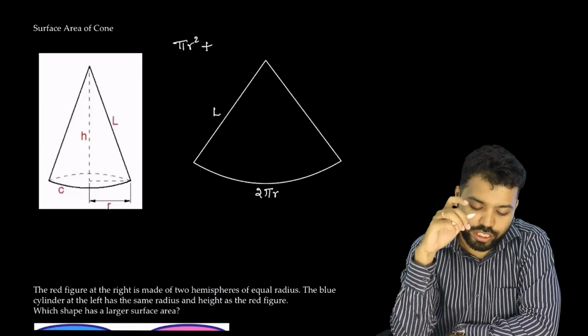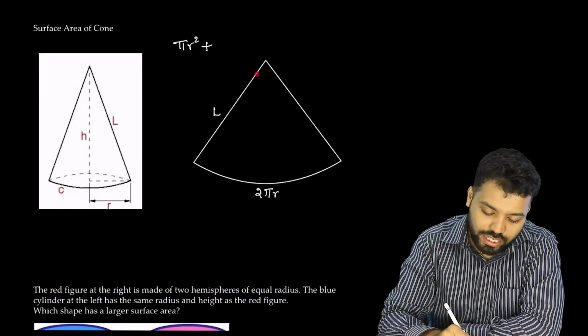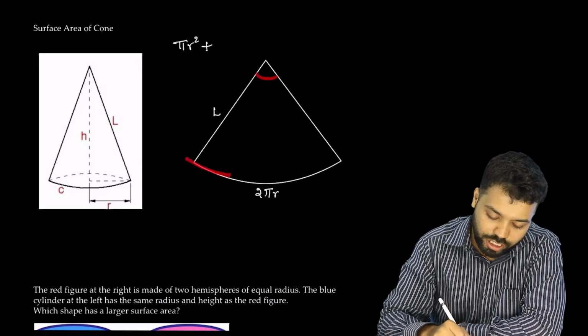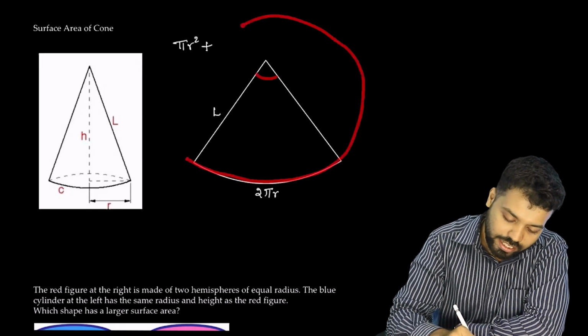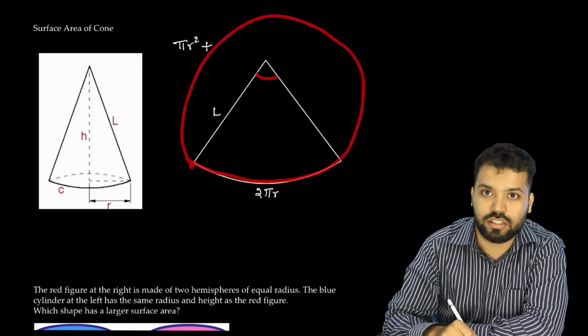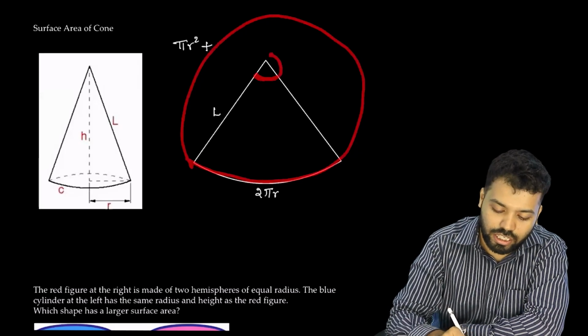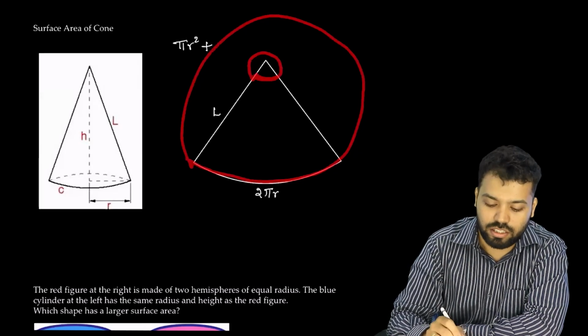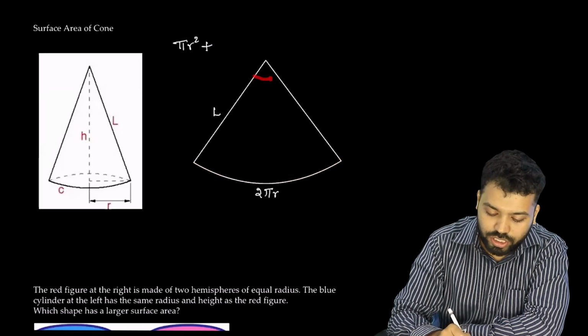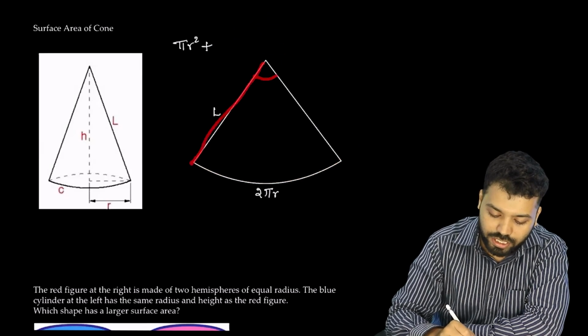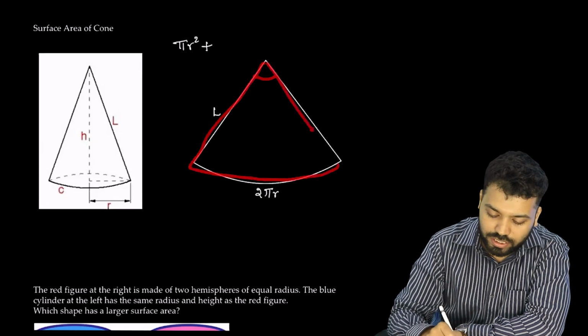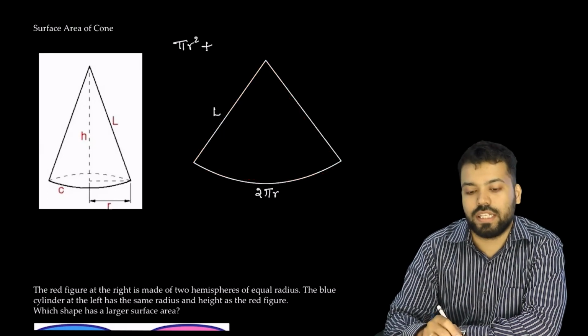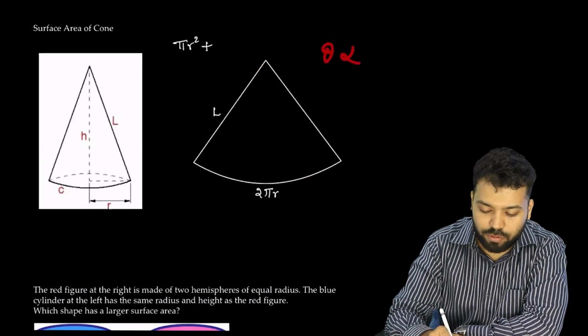Yeah, that's what I wanted to hear. See, if I wanted to find the entire area of this circle, then it is covering a bigger angle. Now it is covering only a portion of that angle, and I'm just interested in this area. So theta is directly proportional to area.